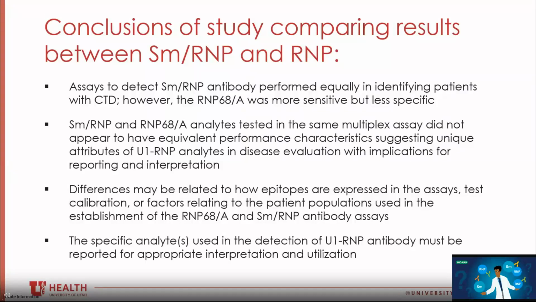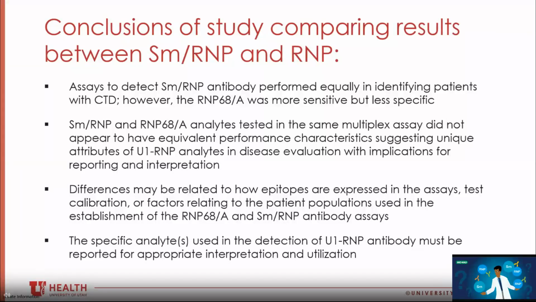In addition, when antibodies against Smith RNP and RNP68A were measured using the same platform, they did not appear to have equivalent performance characteristics. This suggests that there are unique attributes of U1 RNP analytes in disease evaluation, and this has implications for reporting and interpretation of the results.